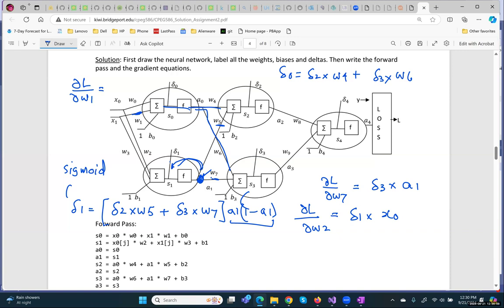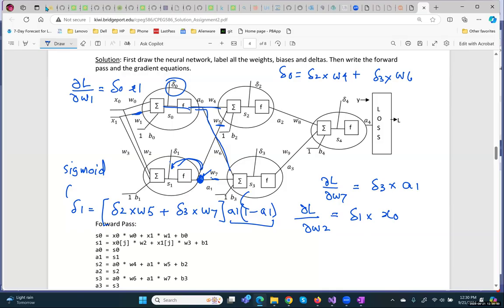So it will be delta 0 times what? Times X1, very good. Is there a further A0 times (1 minus A0) or no? No, that's already included in delta 0. So that's it. Adding activation functions affects the calculation of the deltas, but not the calculation of the partial L over partial W's.